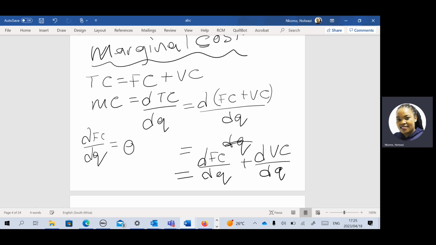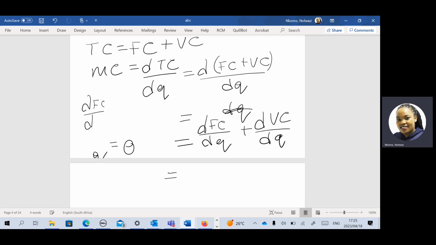So this means the marginal cost is equal to, this gives us 0. If this gives us 0, this means the marginal cost is the derivative of the variable cost.